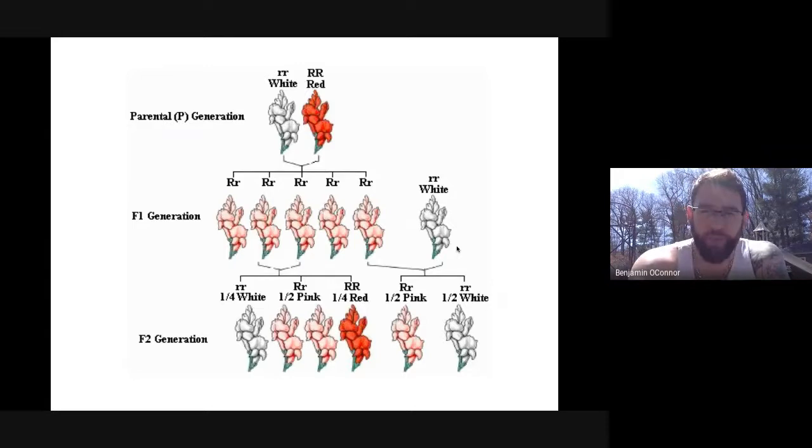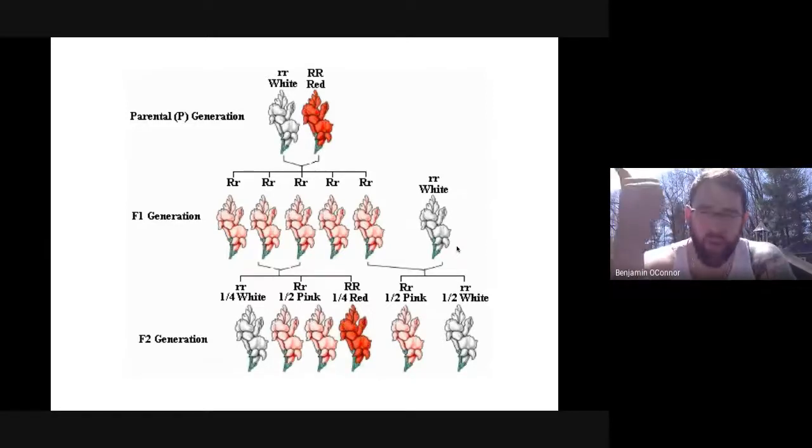Using this F2 generation, you can see that on the left portion of the very bottom row, you are crossing two pink flowers. So big R, little r, heterozygous for the color trait for both of the parents. If you do out that Punnett square, you will get all four of these results for offspring.